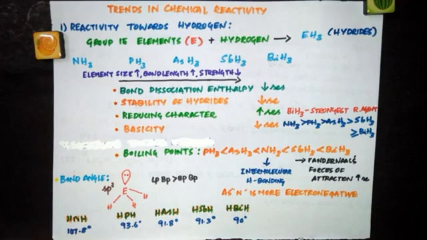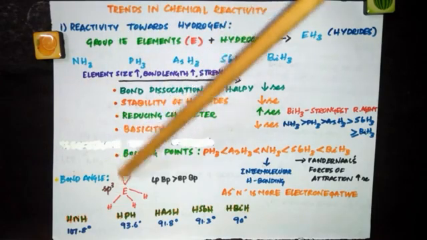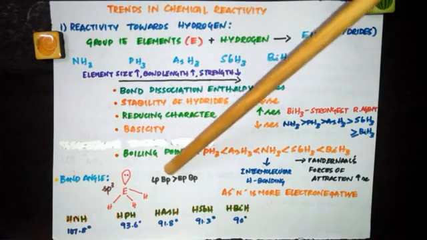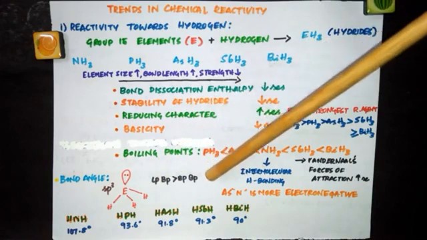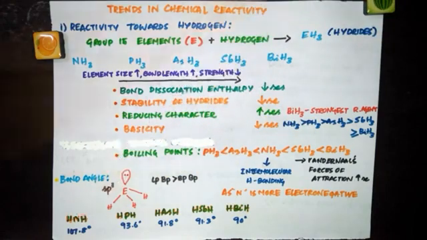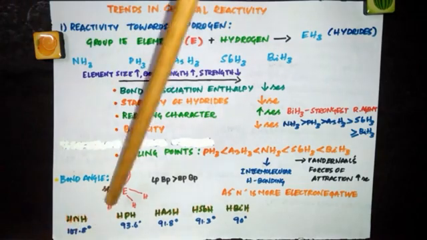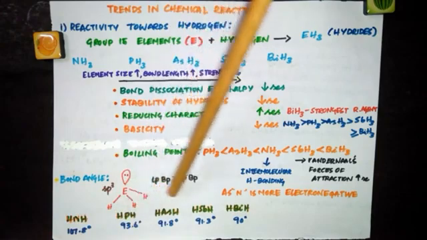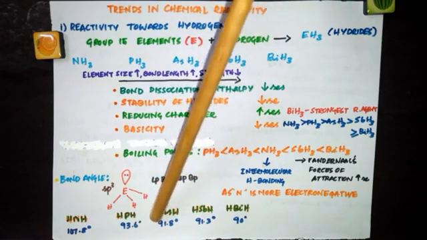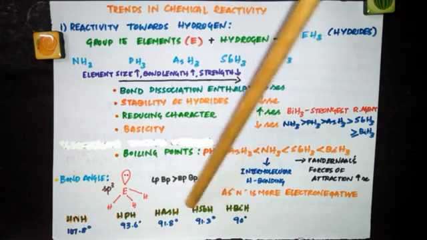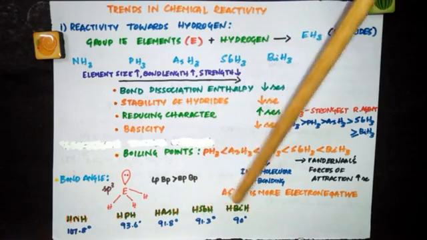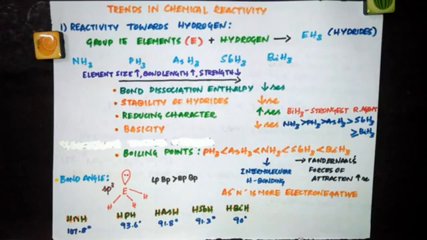Actually, the bond angle is expected to be 109.28 degrees, but because of the presence of the lone pair and the lone pair bond pair repulsion being greater than the bond pair repulsion, the bond angle decreases. For ammonia, it is 107.98 degrees. The bond angle, HNH bond angle. Same way, HPH bond angle is 93.6 degrees. Here for arsenic, it is 91.8 degrees. For stibine, 91.3 degrees. Here HBiH bond angle is 90 degrees.